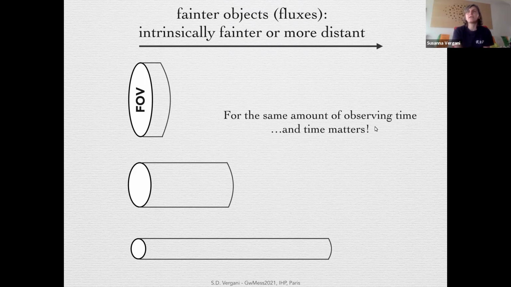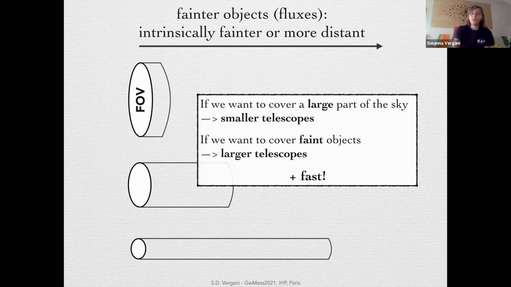So this is for a given same amount of observing time, and time matters for these transient searches, okay? If we want to cover a large part of the sky, we try to use smaller telescopes with a large field of view. But if we want to recover faint objects, we need a larger telescope, and we need to do it fast. Do we have such instruments? Fast, yes, because nowadays most of the telescopes can react very rapidly to alerts, so they can be on sky very soon.